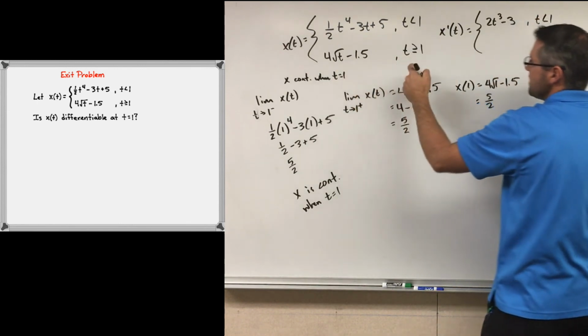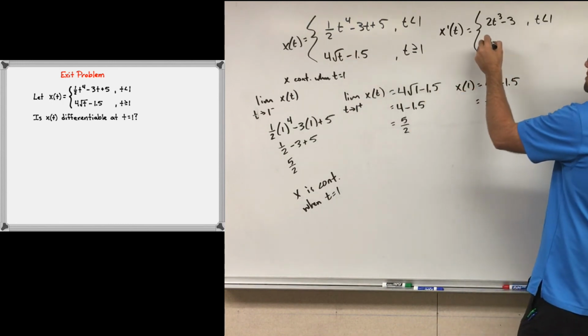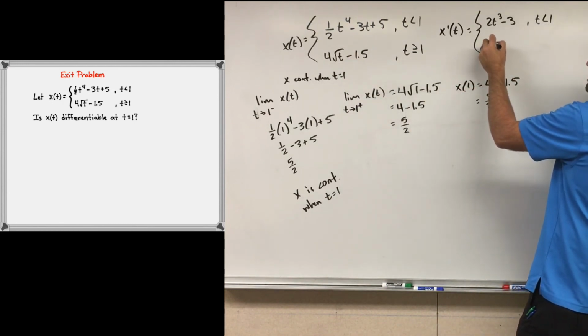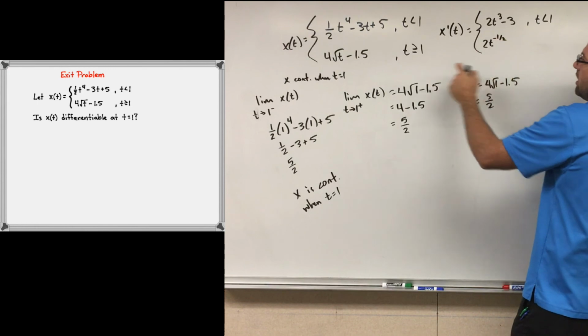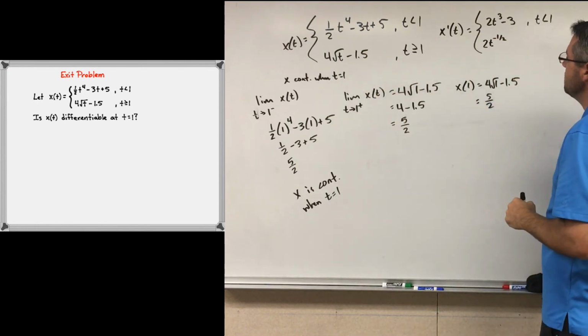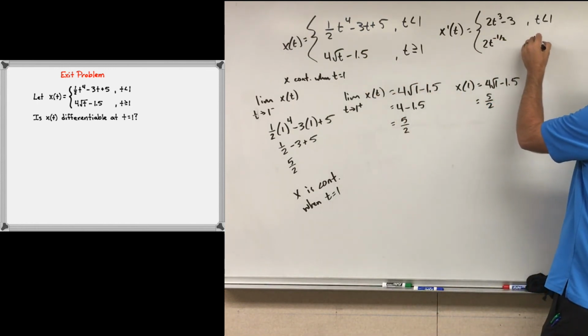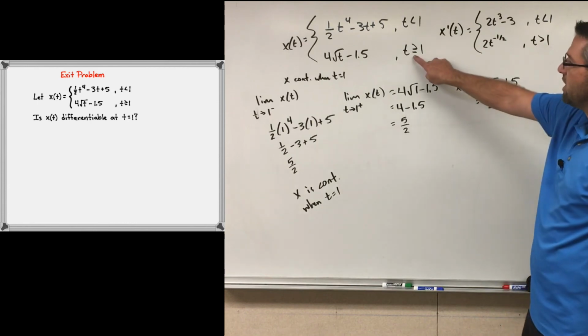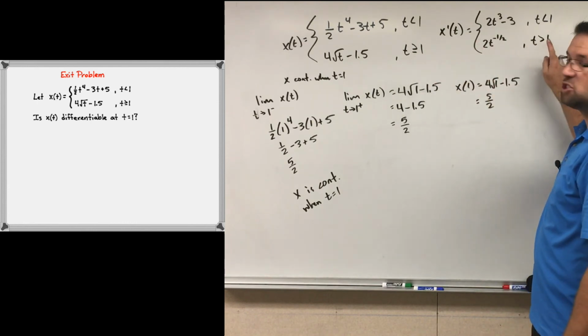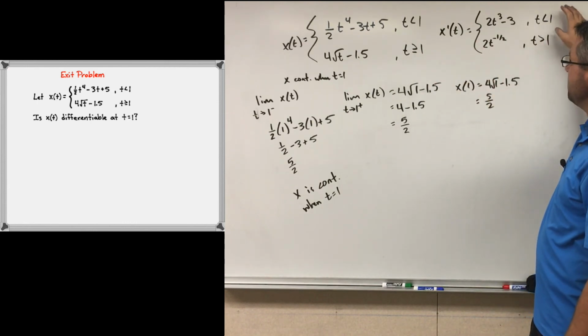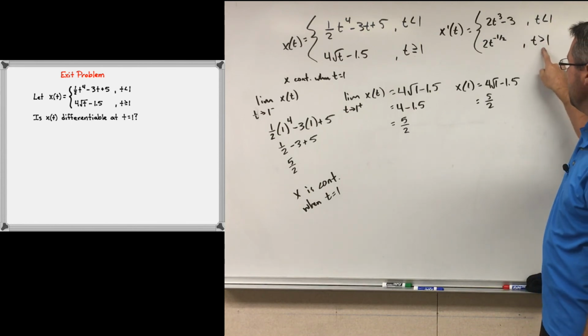And then the derivative of this guy, that's t to the 1/2, so that'll actually be 2t to the negative 1/2. And the derivative of negative 1.5 is 0. And that's for all values greater than 1. I do not want to put an equal sign here because I don't know if the derivative is the same from the left or the right. So I'm just going to put less than and greater than.